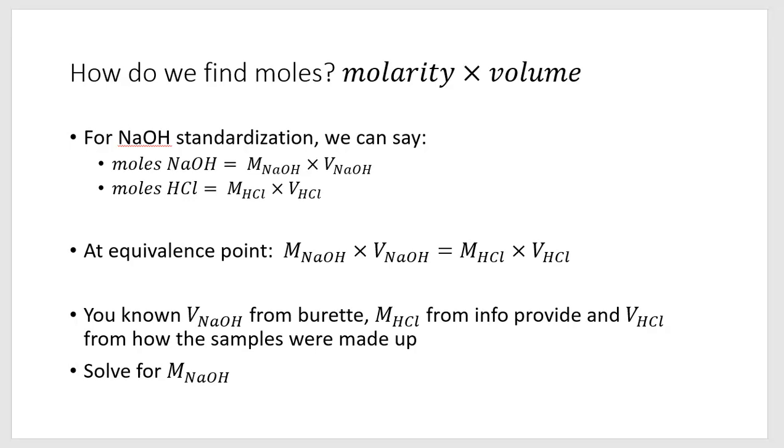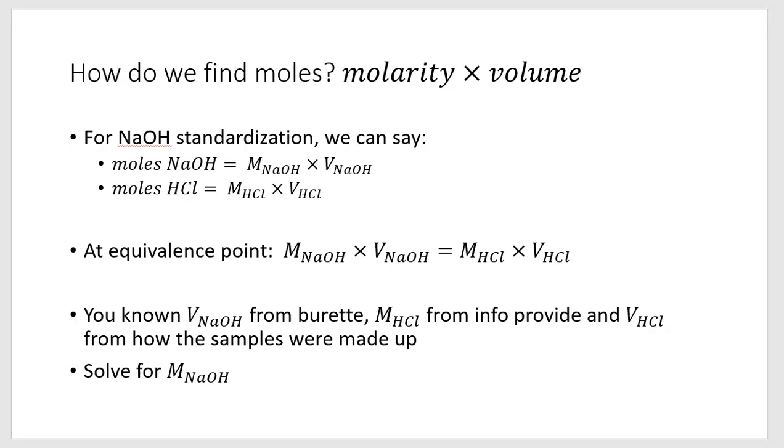We set up the equation: molarity of NaOH times volume of NaOH is equal to molarity of HCl times volume of HCl. If both volumes are in milliliters instead of liters, their units will cancel out as we rearrange the equation. So it doesn't so much matter what the units of the volume are. They just have to be the same for the NaOH and the HCl.